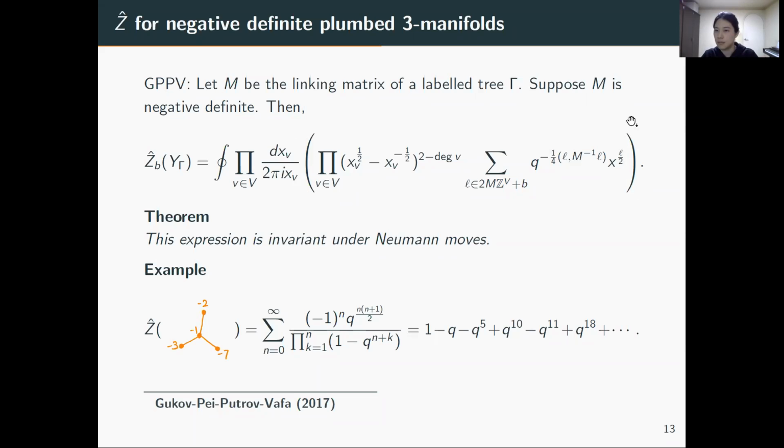And inside these parentheses, there is a product of rational functions of these x variables, which is multiplied by a version of a theta function associated to the lattice determined by this linking matrix M. The negative definiteness of M ensures that the quadratic term, the power of q, is positive definite, which ensures the convergence of this expression.